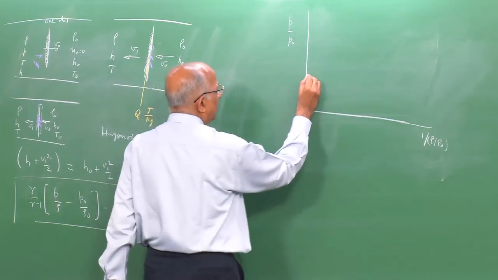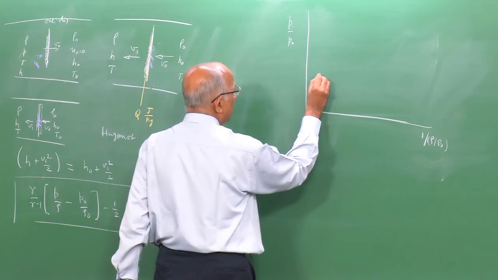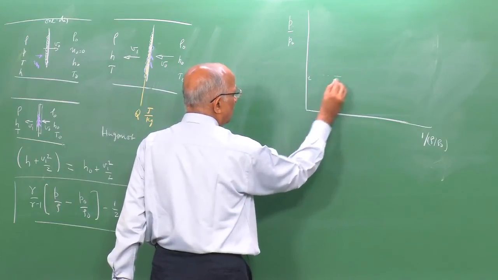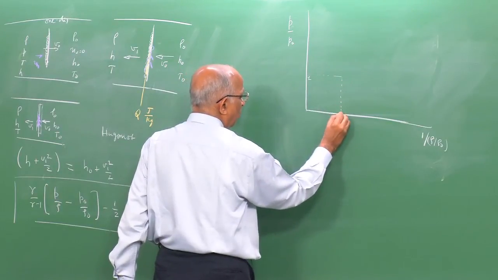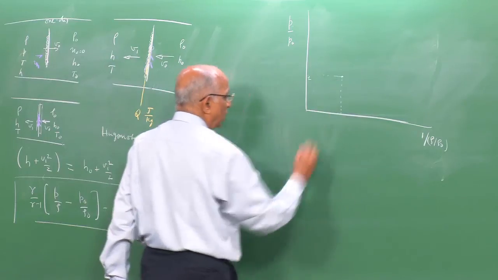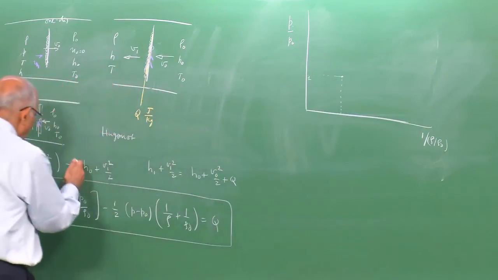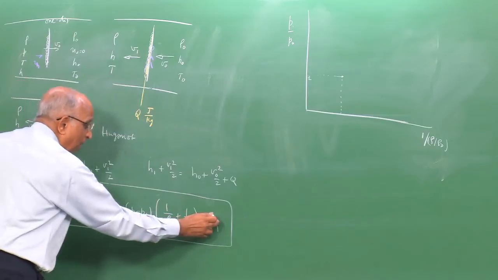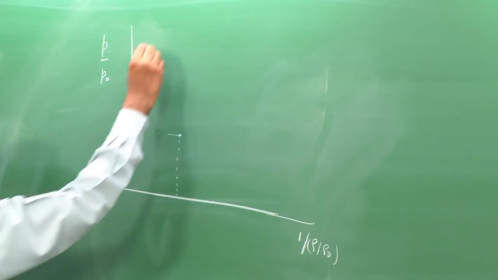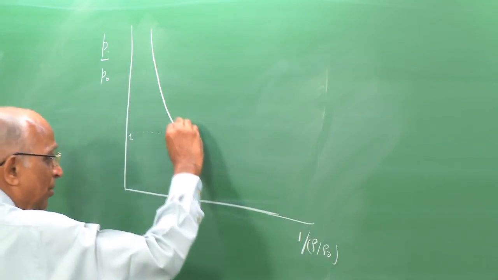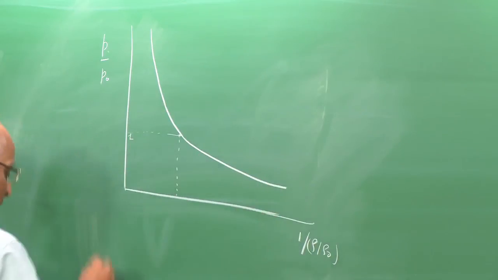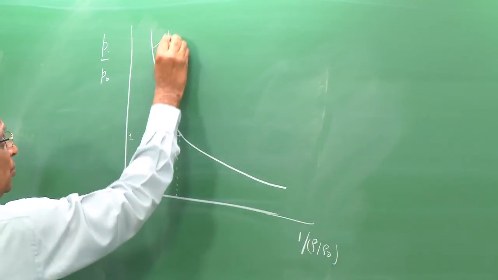We said the initial point is p0, that is, p by p0 is 1 for the initial point. The value of rho by rho0 is 1, this is my point 1, and when this equation became equal to 0, we called it the shock Hugoniot. This was the equation which I got.